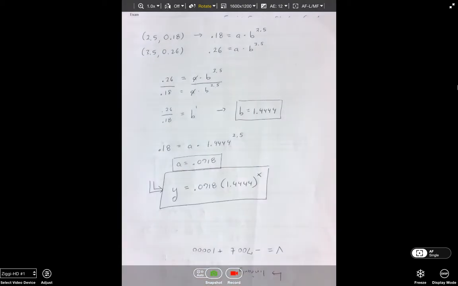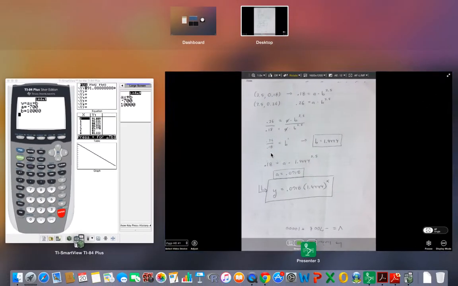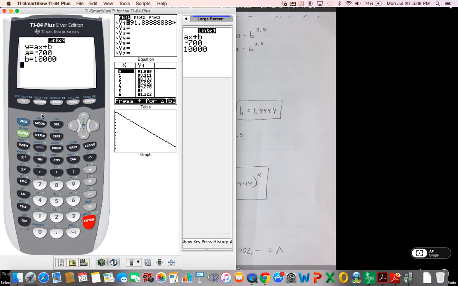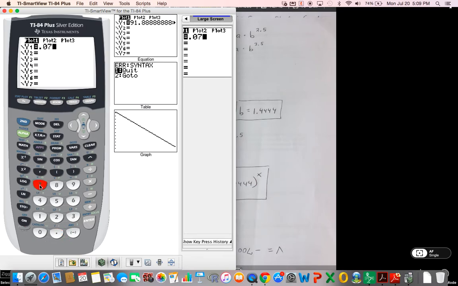Now, is that plausible? Well, let's see what we get. If I come over here and graph that, so I'm going to graph 0.0718, 1.444, what, 4 fours?